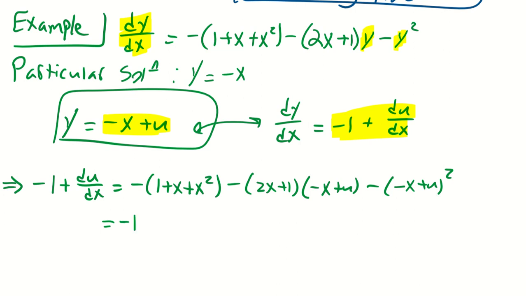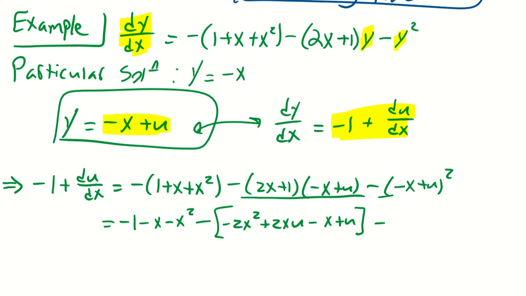So we have minus 1 minus x squared minus, let's multiply this out, and let's be careful. So we have minus 2x squared plus 2xu minus x plus u minus, let's square that. So this is x squared minus 2xu plus u squared.